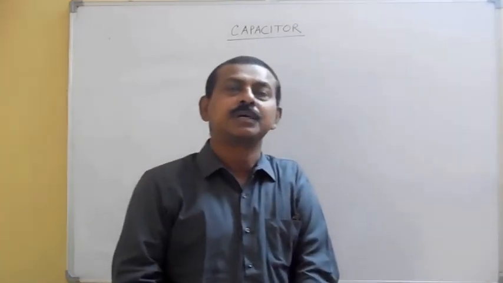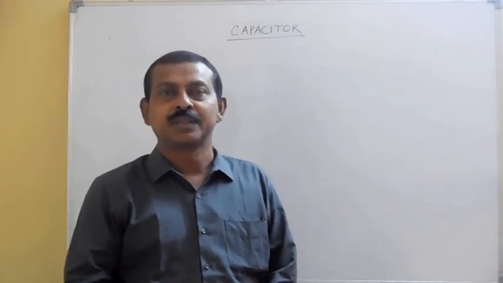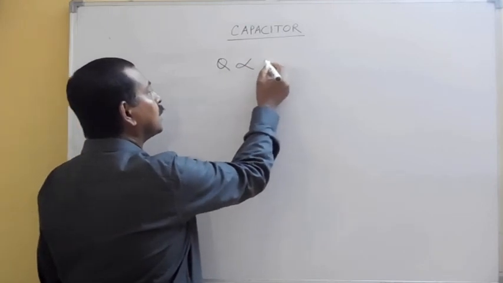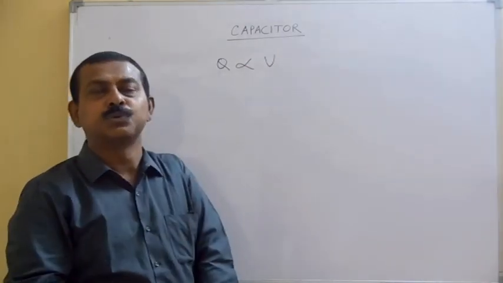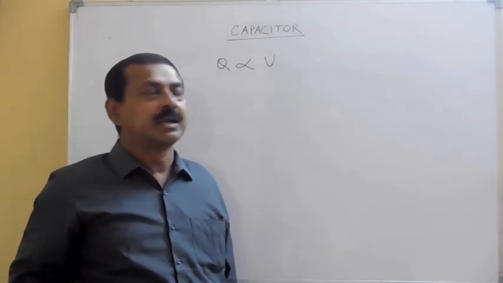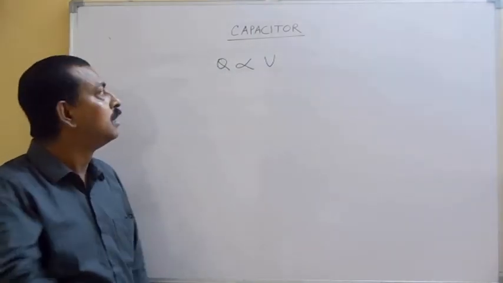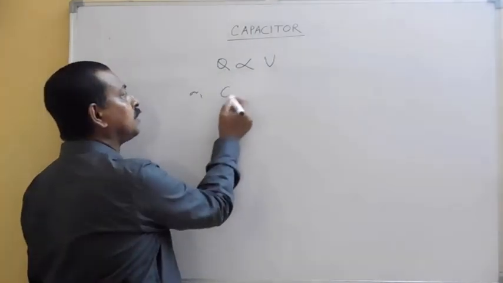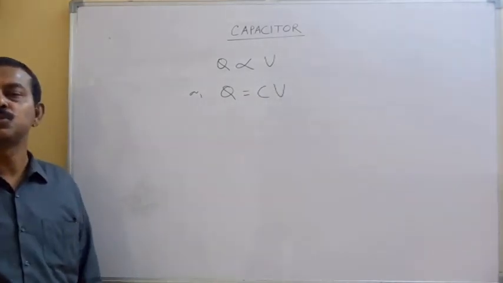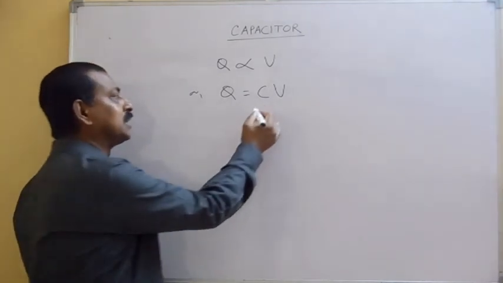As you know, if charge is given to a conductor, it increases its potential. So we can write that Q is directly proportional to V. If you add more charge, the potential will increase further. Now, if we remove this proportionality sign, we can add a constant of proportionality, and that is written as Q equals CV, where C is capacitance.